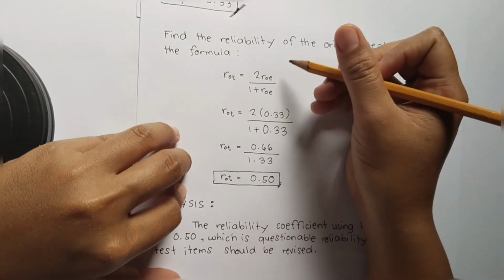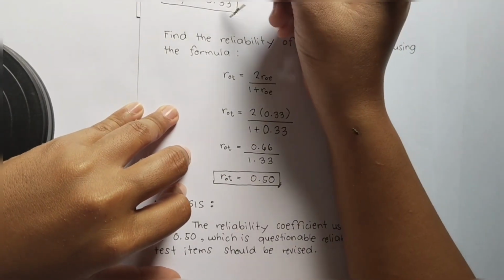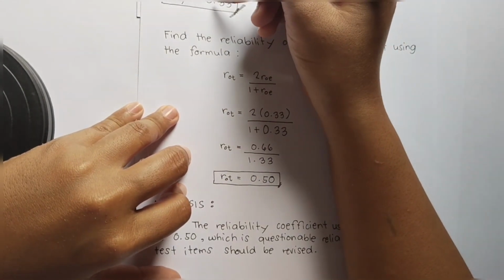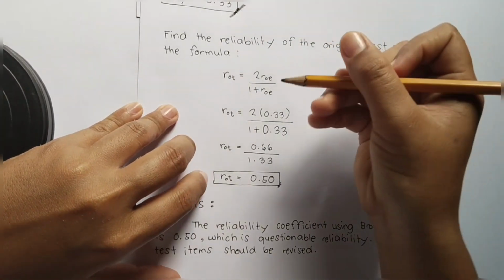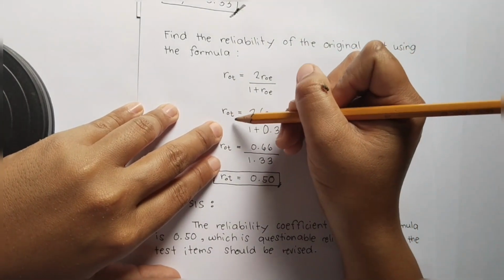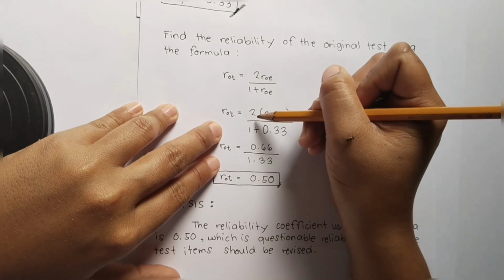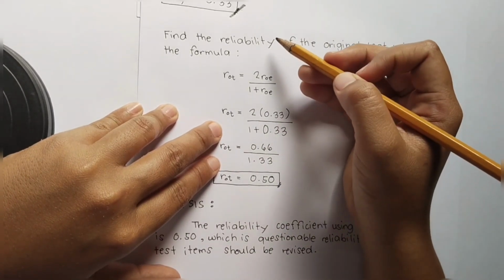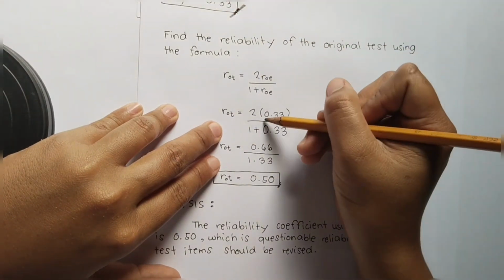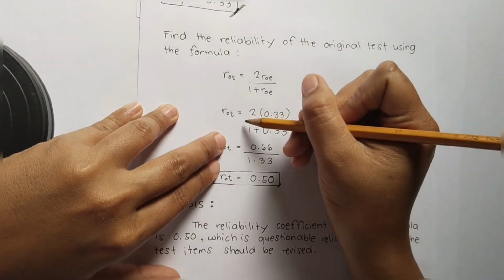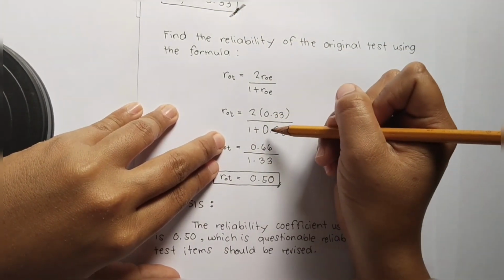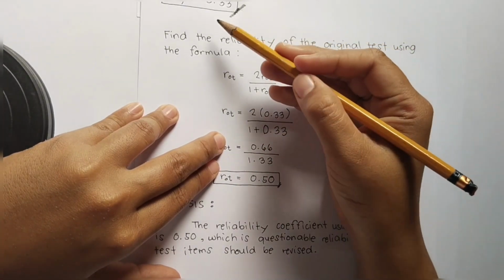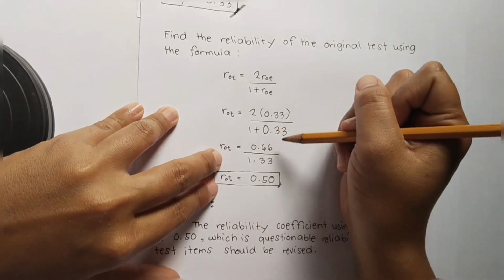Isa-substitute natin yung nakuha nating value, yung Rxy is equals to 0.33. So, ROT is equals to 2 times yung value ni Rxy, which is yung 0.33 over 1 plus yung value pa rin ni Rxy, yung 0.33.